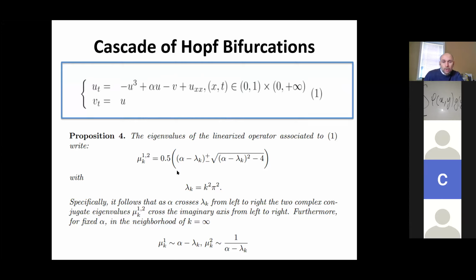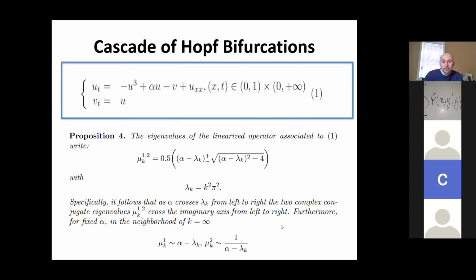So as you can see, when alpha crosses lambda k, where lambda k is k squared times pi squared, you can see that when alpha equals lambda k, those values are complex conjugate.